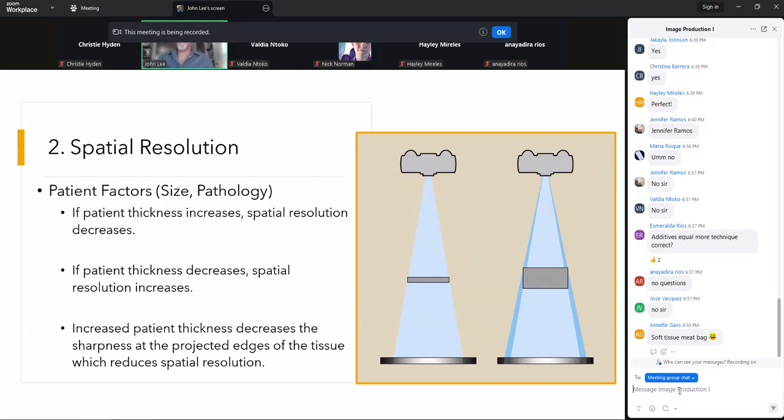That's going to cause a decrease in spatial resolution. The amount of penumbra that we get here for the larger patients decreases our spatial resolution.